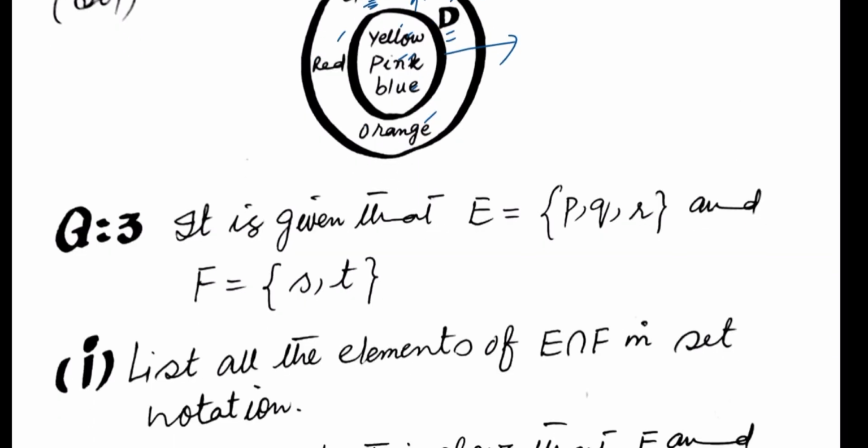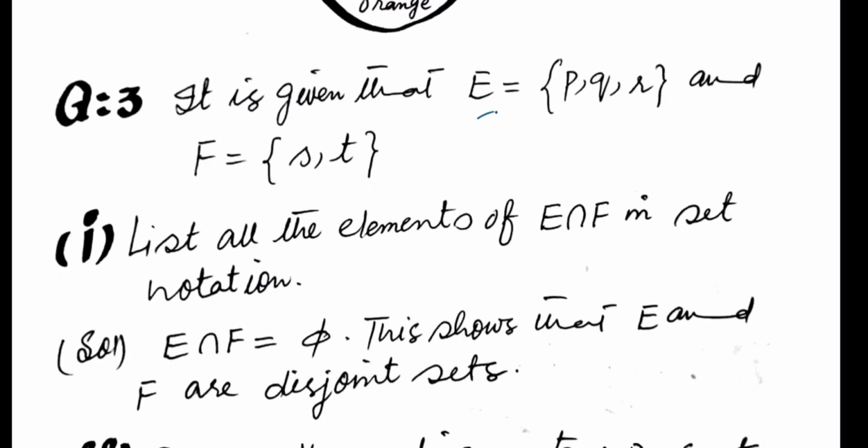Question number 3 here. It is given that set E is P, Q, R and set F is S, T. In the start of the question, you can see E and F have no intersection. They have an empty intersection here. It means this is a case of disjoint sets. List all elements of E intersection F. E intersection F is empty. This shows that E and F are disjoint sets.